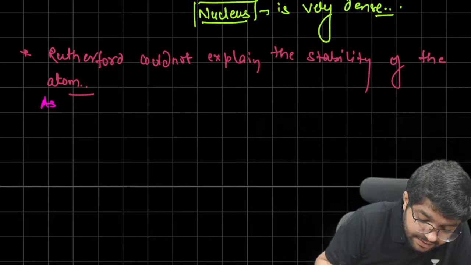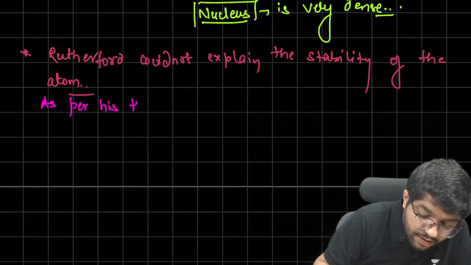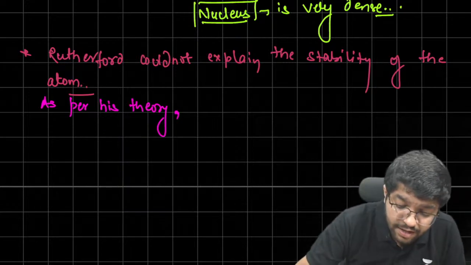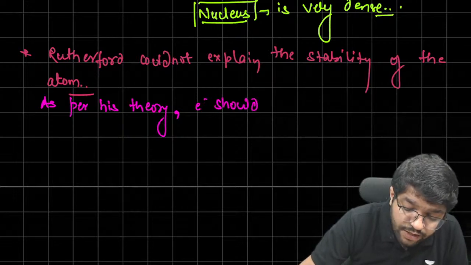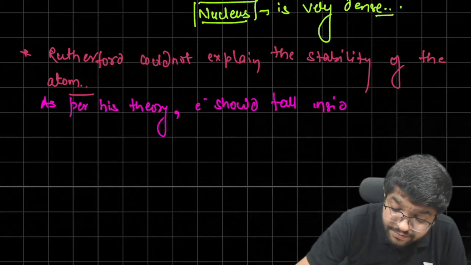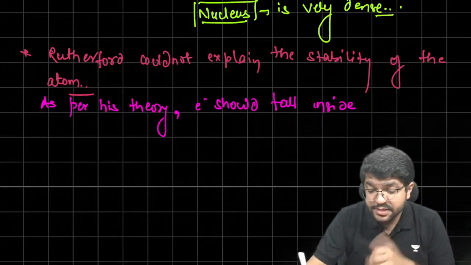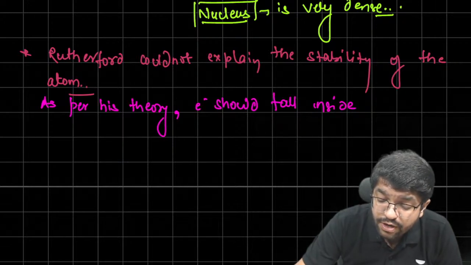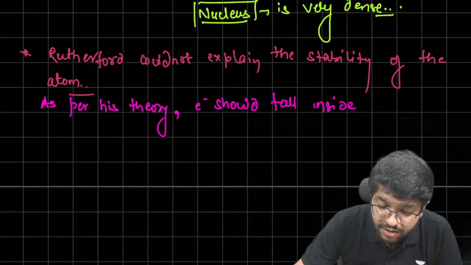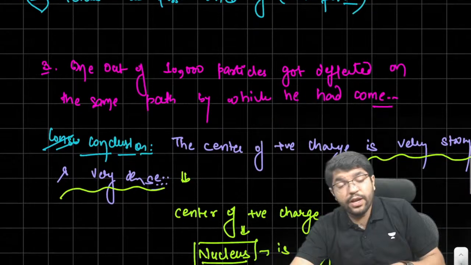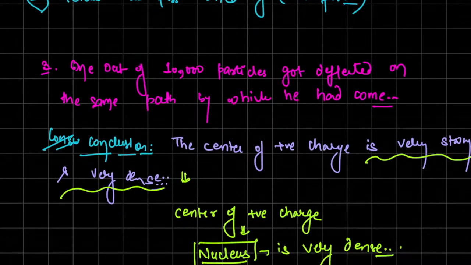As per his theory, electrons should fall inside the nucleus. First note this down quickly. Quick, you can note it down.